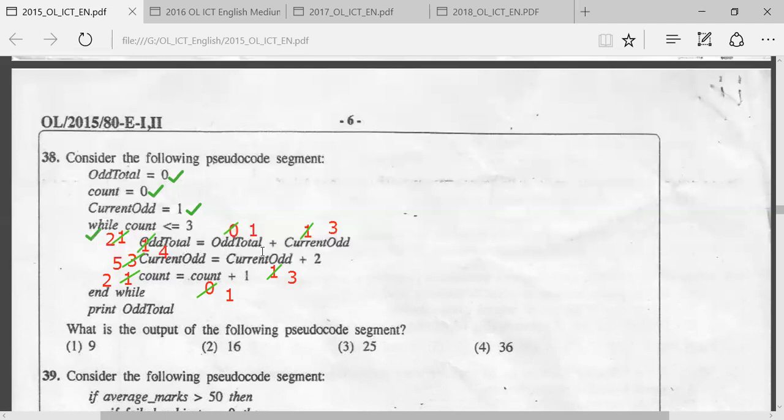Odd total equal odd total plus current odd. Now it is 4. Right? So odd total, it is 4. Current odd, it is 5. So 5 plus 4, it is 9.